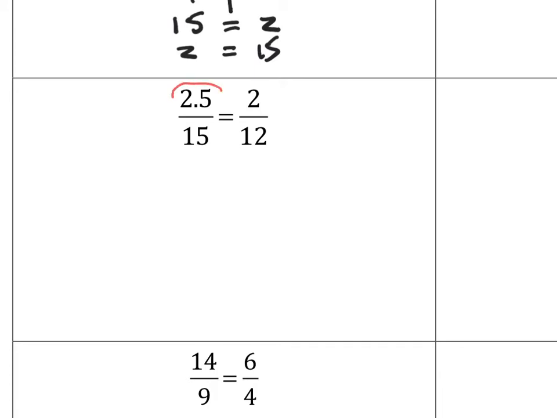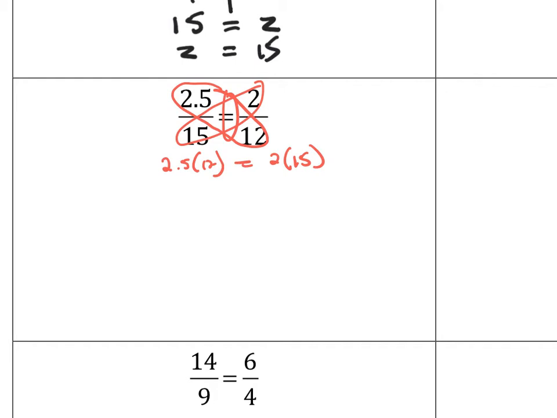I'm going to take 2 5/10 times 12. And then I'm going to drop down the equal. And I'm going to do the other butterfly wing, and that's 2 times 15, or 15 times 2. So if you want to pause and use your calculator, you can.